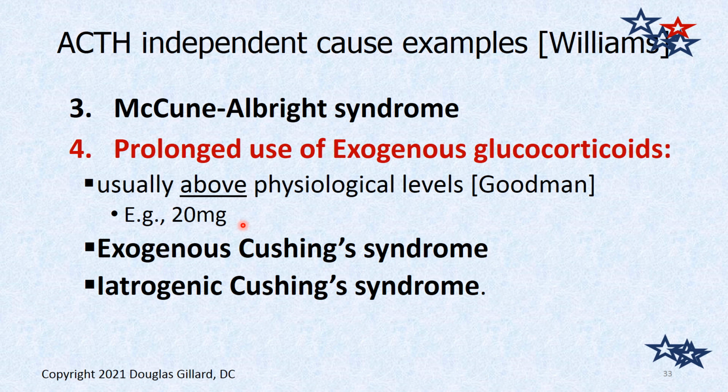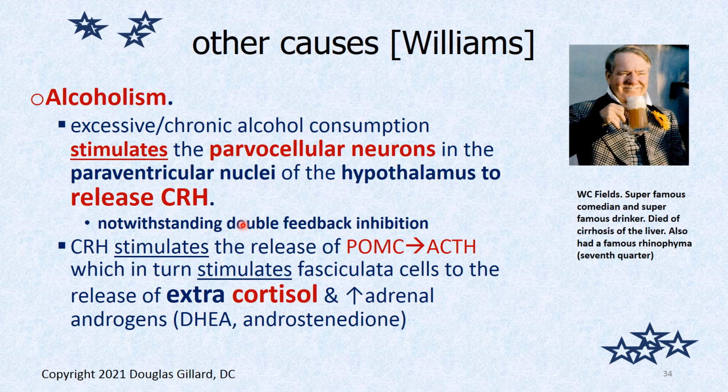They get the Homer Simpson belly, the pendulous abdomen. Truncal obesity is the medical word for that. So that's exogenous Cushing syndrome. Sometimes it's called iatrogenic Cushing syndrome, meaning it's a man-made type of Cushing syndrome. So that's another cause of ACTH-independent Cushing syndrome.